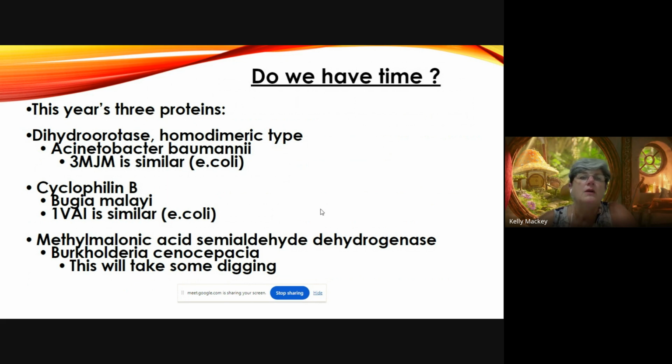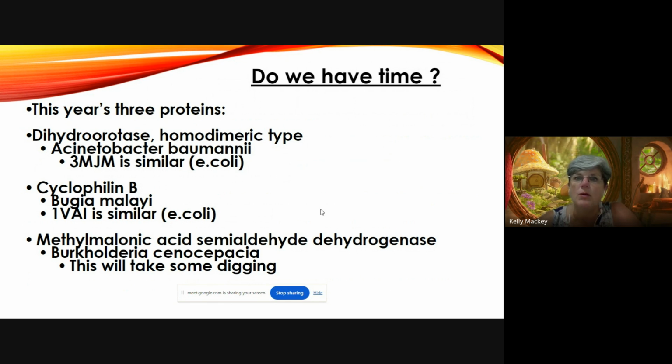The cyclophilin B, there wasn't a lot of this. I want to say there might have been 2. And 1VAI is a similar one, also isolated from E. coli. And then the third one, the methylmalonic acid semialdehyde dehydrogenase.